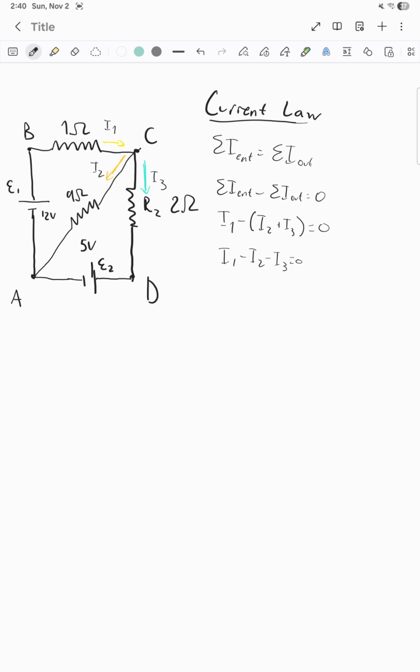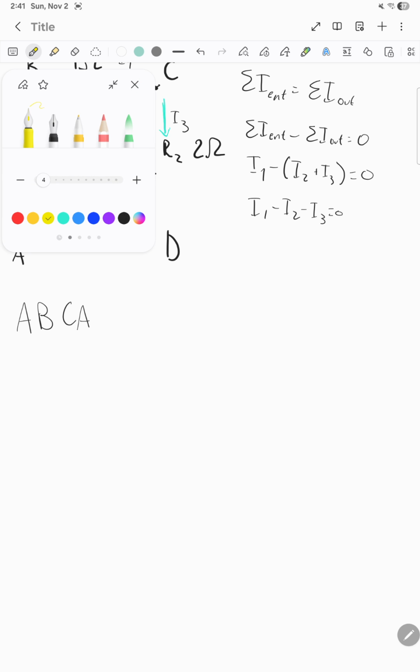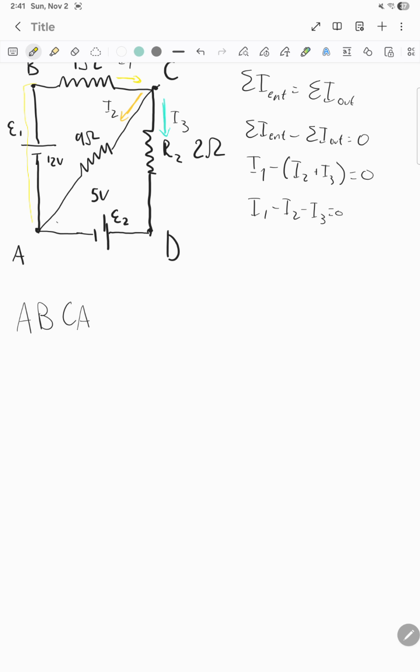So now let's go back to Kirchhoff's voltage law and do A, B, C, A. So this will be our first loop that we'll work on, just like this. The current will go like this. So notice that we'll have I1 going like this, and then we'll have I3 going like that.